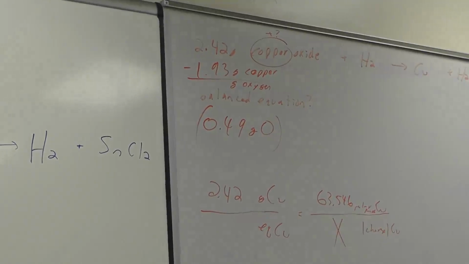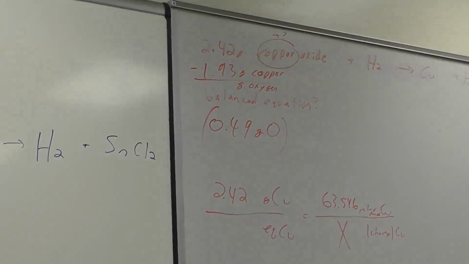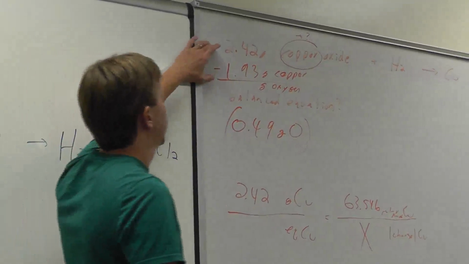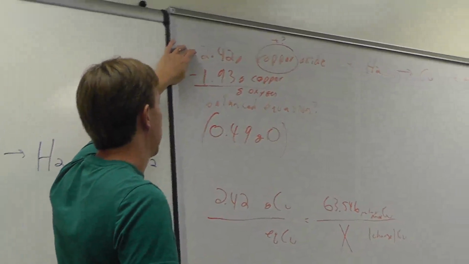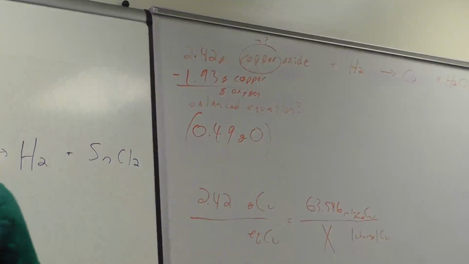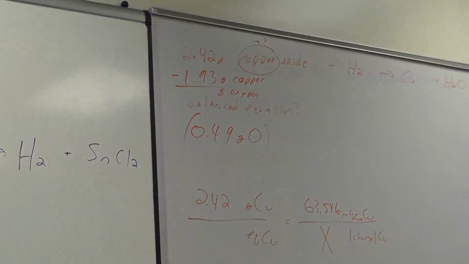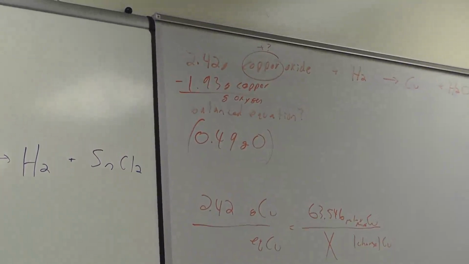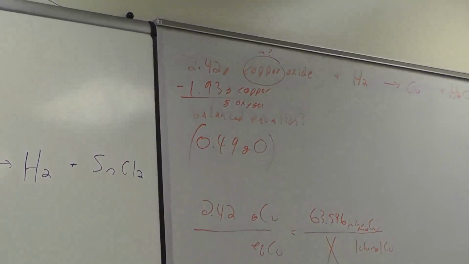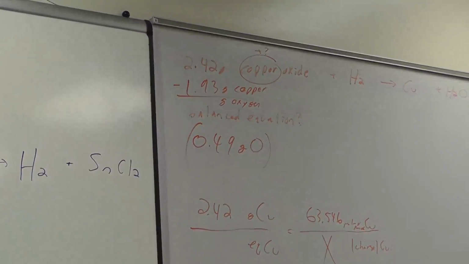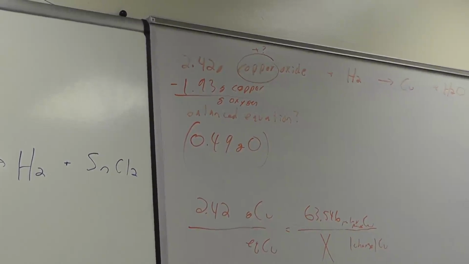How do you know if you need to add or subtract them? By the wording of the problem. It tells you that this 2.42 is the total compound and the 1.93 is the copper that's left over. So that means the copper and the oxygen have to add up to 2.42. So you just have to read the wording of it and find out what those masses are.